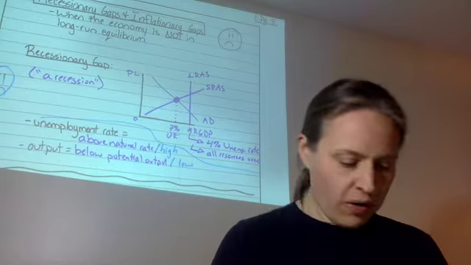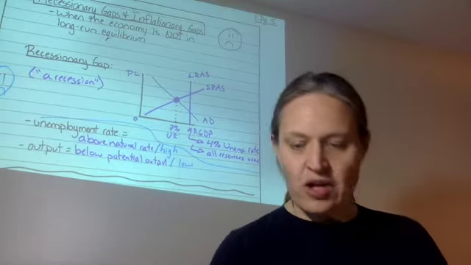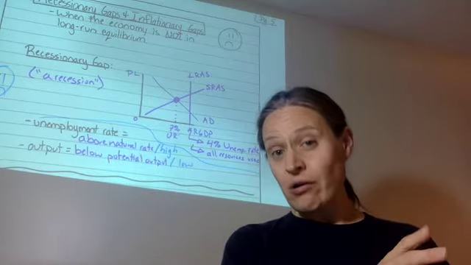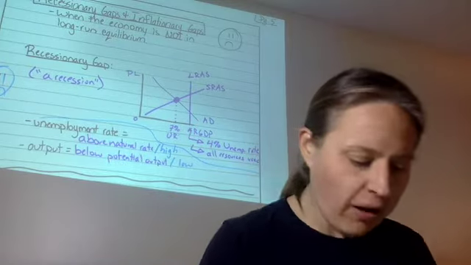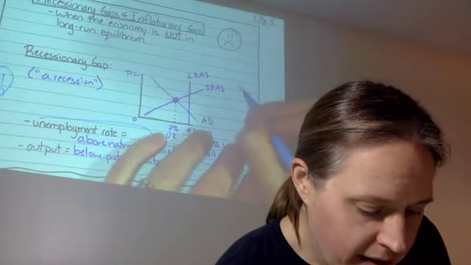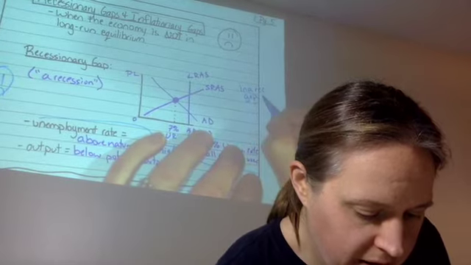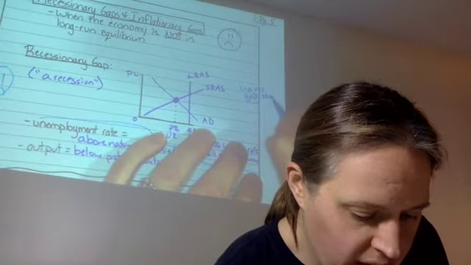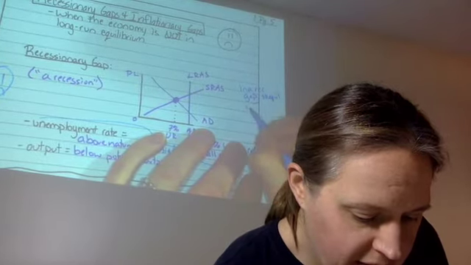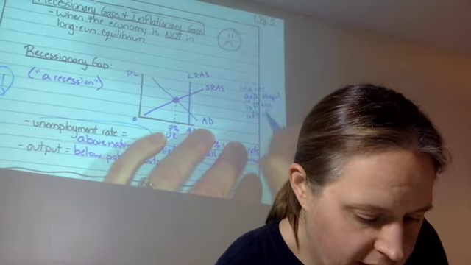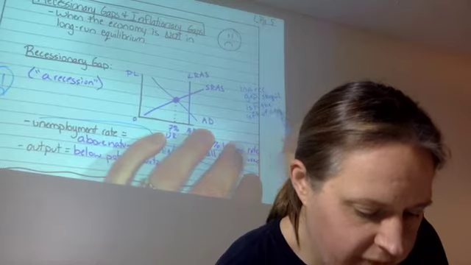Okay, so you might want to write that down somewhere, that short run equilibrium is to the left of the long run aggregate supply curve. Oh, fine, I'll write it too. In a recessionary gap, short run equilibrium is to the left of the long run aggregate supply curve.